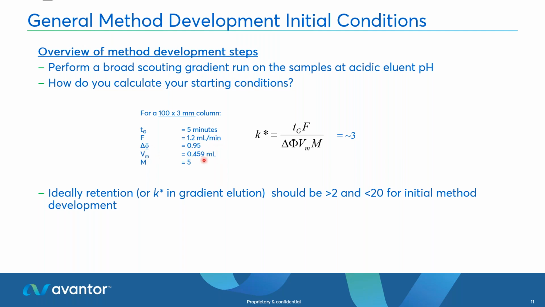The volume here is the volume for our 100 by 3 mm ID column. And this m, for small molecules, we can estimate as 5. If you're working with larger molecules, this number differs, but for small molecule separations, we're using 5 within this calculation. That gives us a retention factor within a gradient, so k star, of around 3. Therefore, we should be getting good retention of our analytes in reverse phase using a 5-minute screening method.